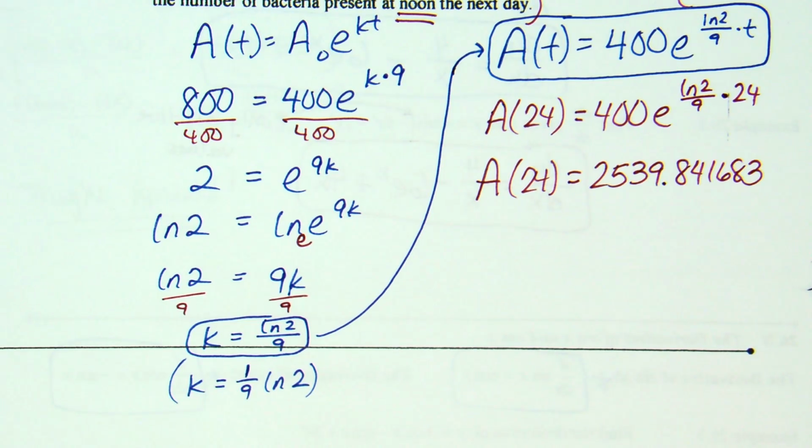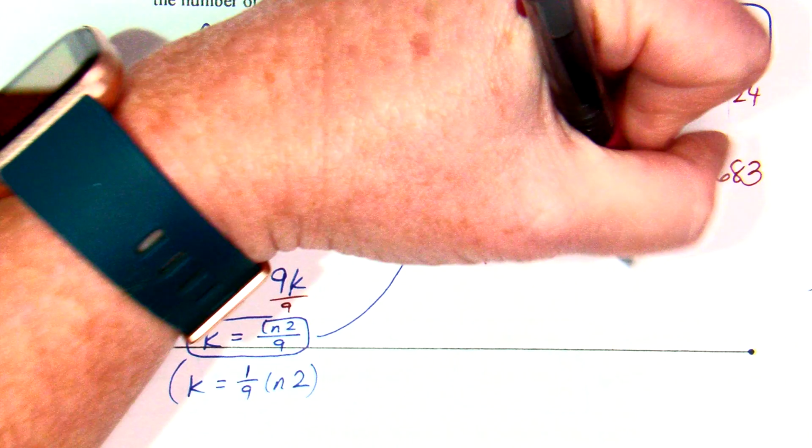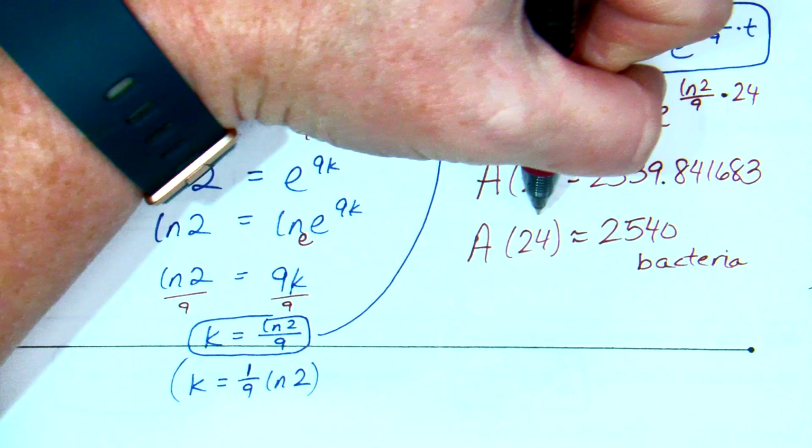Your calculator may have just rounded at a different spot there. Whole bacteria. Approximately how many bacteria is this? 2,540 bacteria. And notice my squiggly equal sign indicating approximate.